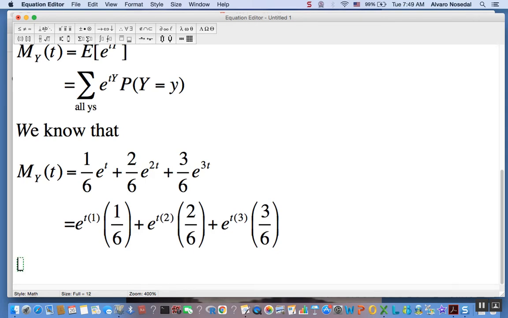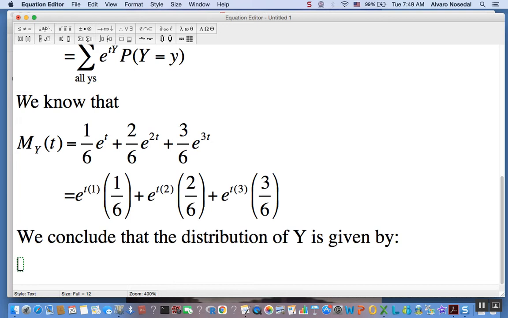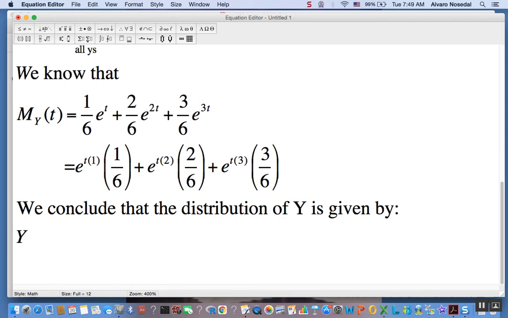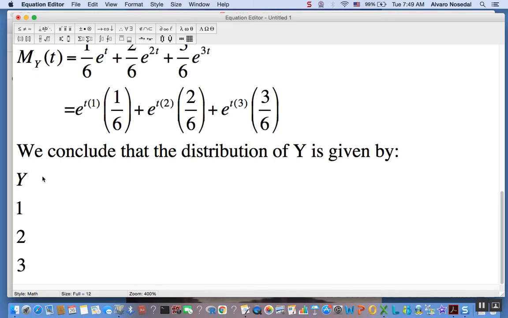So we conclude that the distribution of y is given by: y could be 1 or 2 or 3, and the probability that y equals a particular value, lowercase y, is 1 over 6 for 1, 2 over 6 for 2, and 3 over 6 for 3.